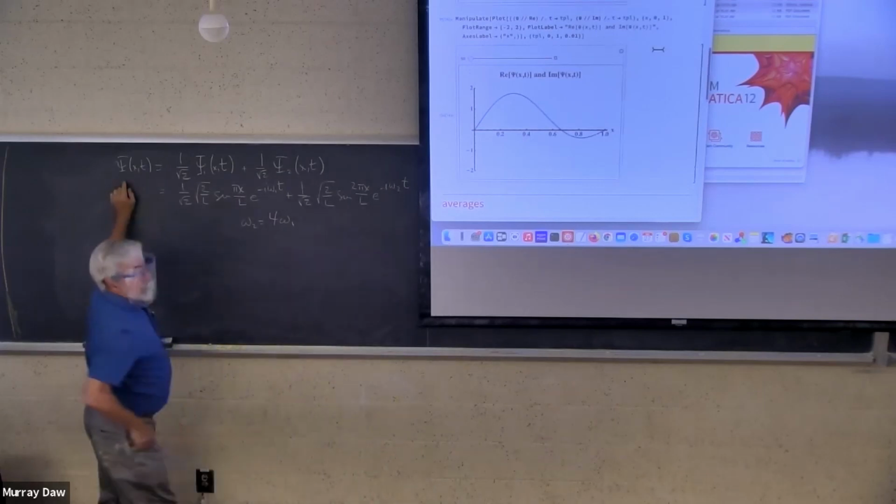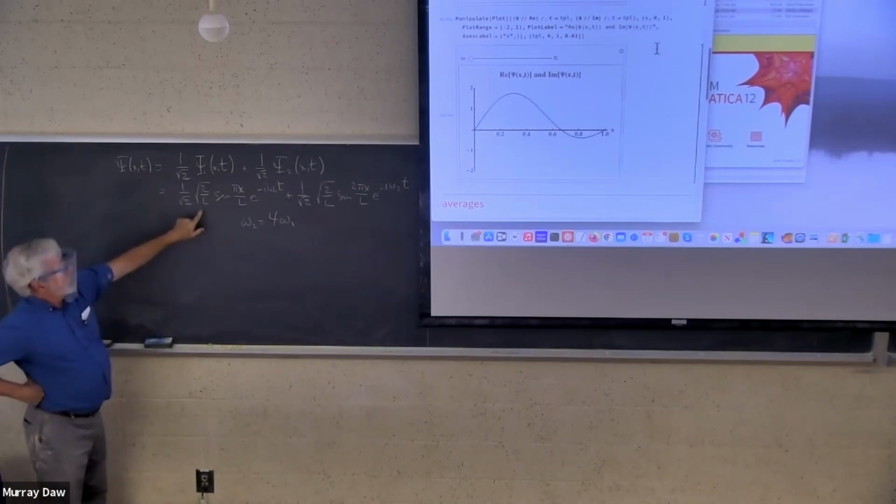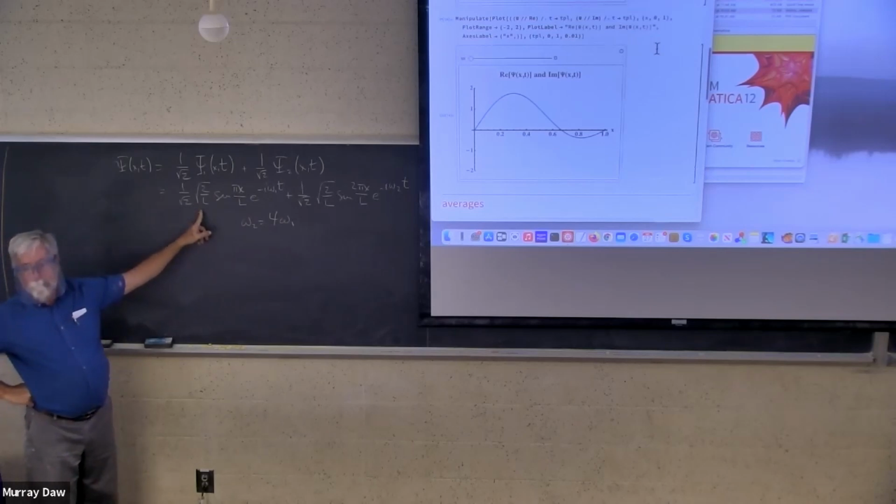Right, here's the wave function. It's complex. It has real and imaginary parts.